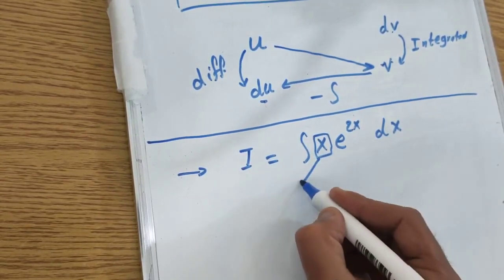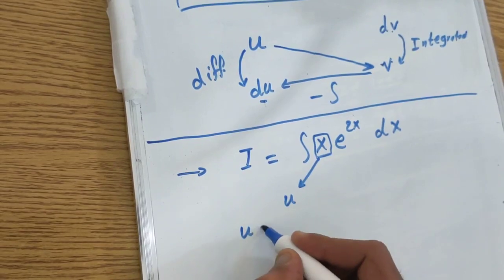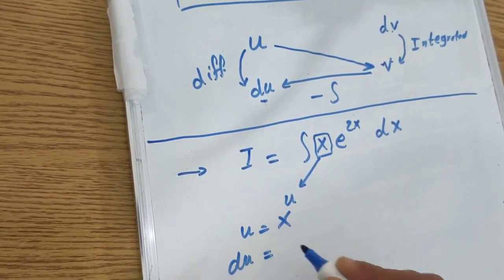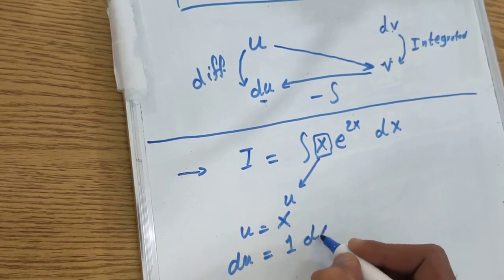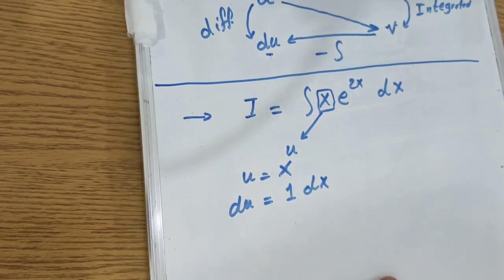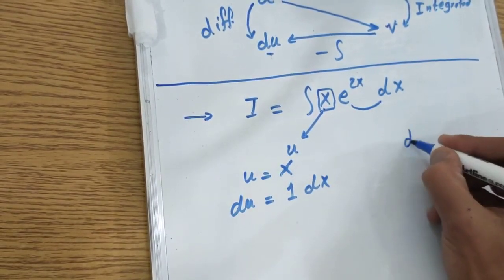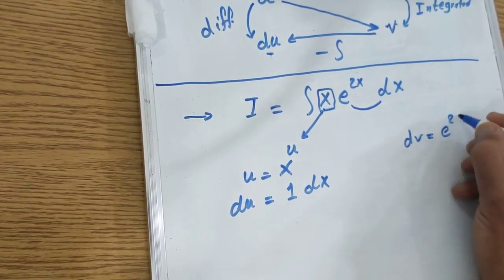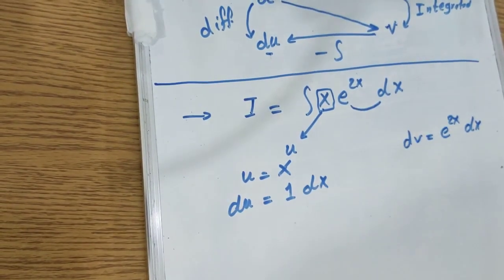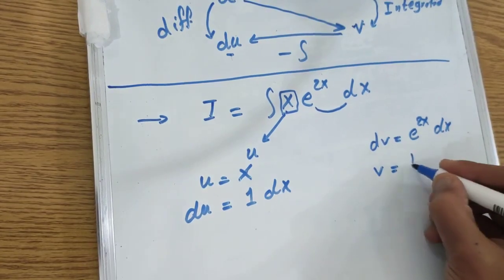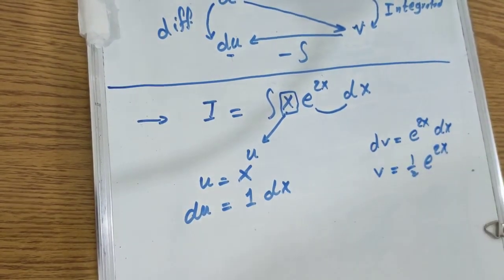So we select the function x to be u because the differential of x, du, will be 1 dx. And as we select u to be x, we are forced to have dv be e power 2x dx. And of course, the integration of dv, which is v, is half e power 2x.